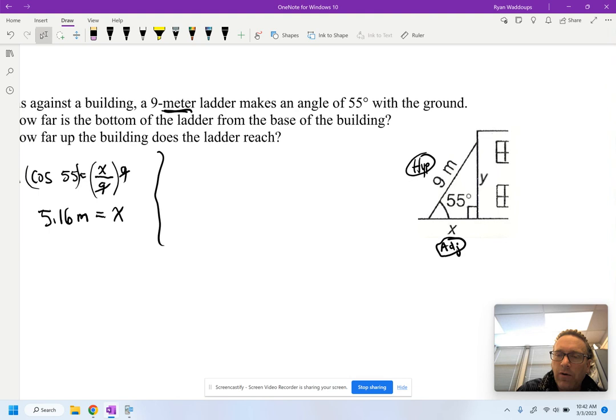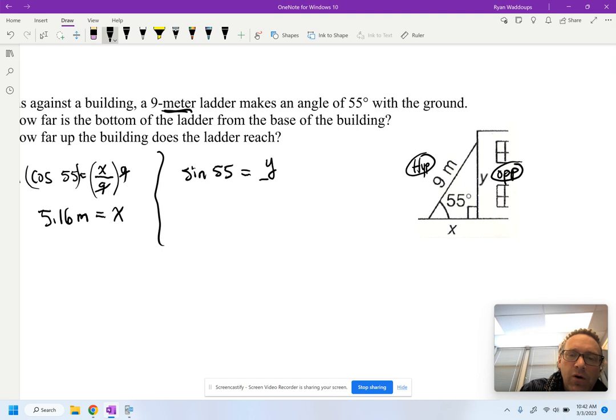Then if I go over here, forget about the adjacent for just a second, because now with 55 and y, this is the opposite leg from the angle 55. If you draw a little arrow out, it points to the opposite side. So I've got O and H, that's SOH, that's the sine. So I can write the sine of 55 degrees is equal to the opposite over the hypotenuse, and that would be y over 9.